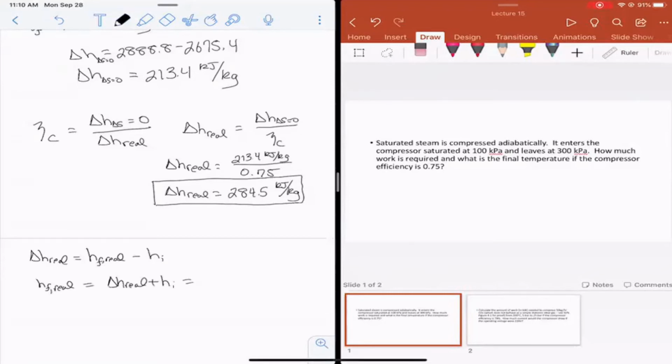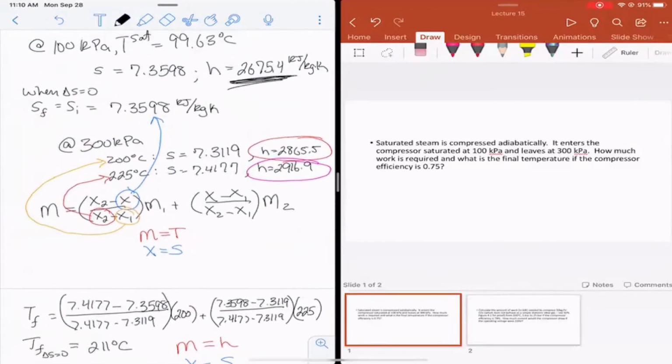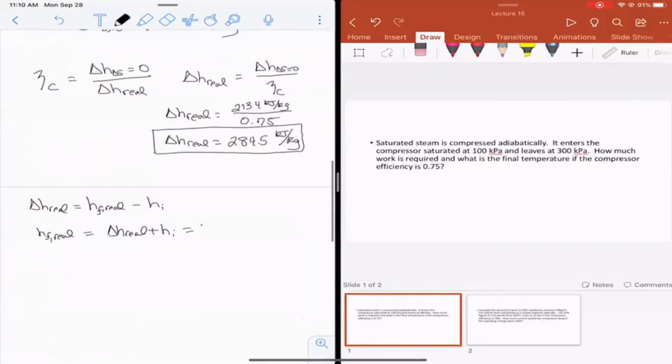And we have the enthalpy of the initial state above here. So we knew that it was 2675.4 kilojoules per kilogram plus the real delta H, which we just calculated as 284.5 kilojoules per kilogram. So the final enthalpy for our real process is just the sum of those two numbers, which is equal to 2959.9 kilojoules per kilogram.